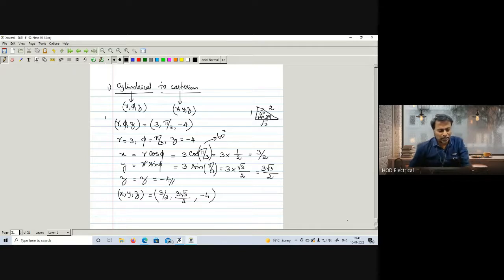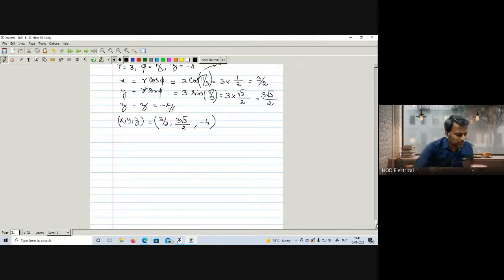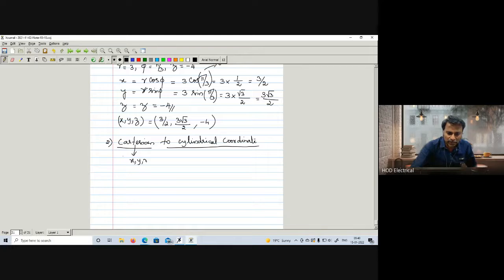Then we can take another problem: how to convert Cartesian to cylindrical coordinates. In this Cartesian to cylindrical conversion, Cartesian has given x, y, z.